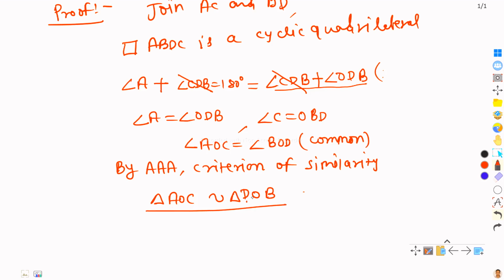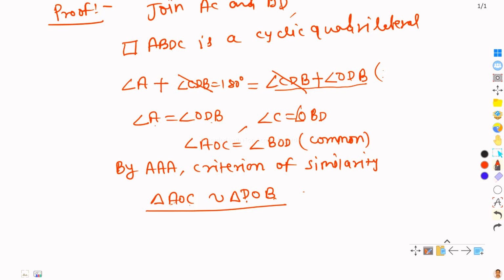Why do we write DOB, not BOD? Because angle A corresponds to angle D, so A must come first with D. If we write C, then we have to write B, because angle C is the same as angle B in OBD. So we cannot write it anywhere; we have to write it as corresponding vertices.